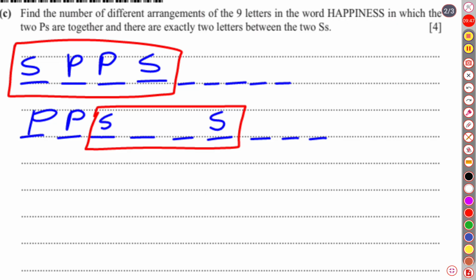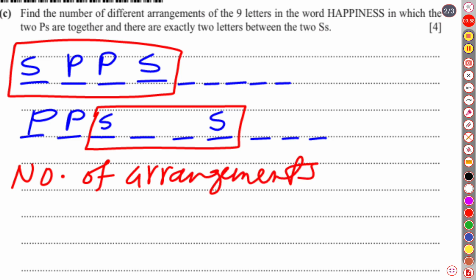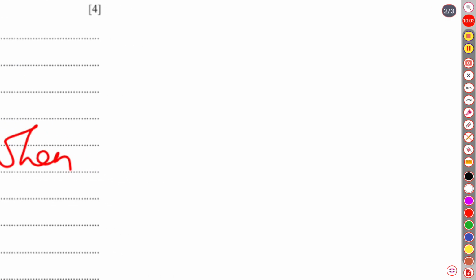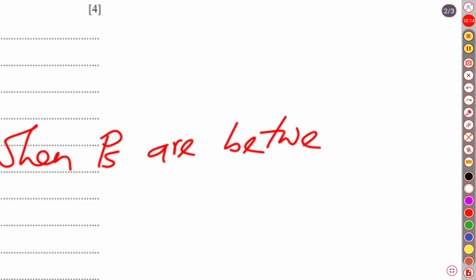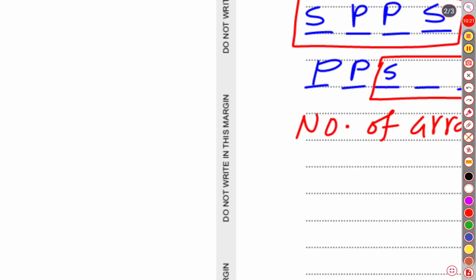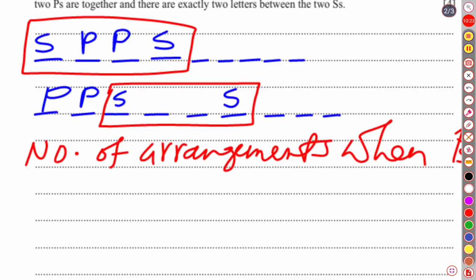So let's write the number of arrangements when P's are between S's. Okay, so what will be the number of arrangements when P's are between S's? And another one, let us write this.